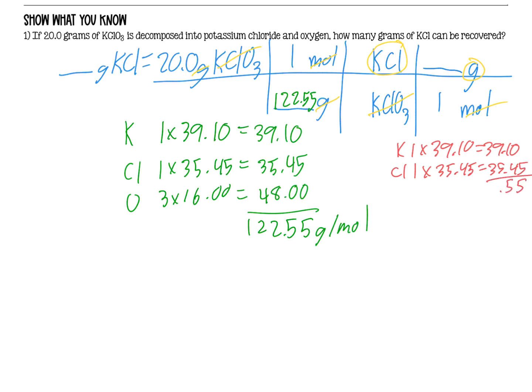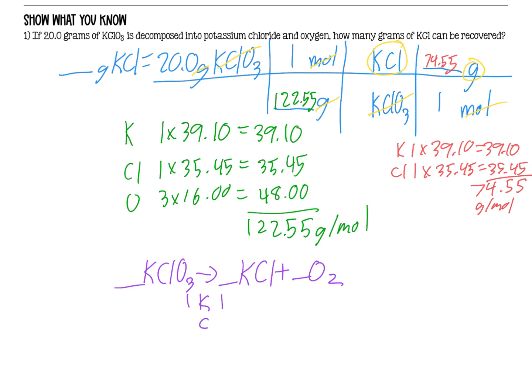Now, in order to get our mole ratio, we will need to set up and balance our equation. If KClO3 is decomposed into potassium chloride and oxygen, that means we have KClO3 yields KCl plus O2. To balance the oxygens, we will need 6 of each, so we will need 2 KClO3s and 3 O2s.